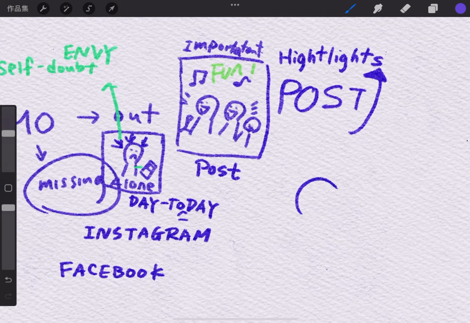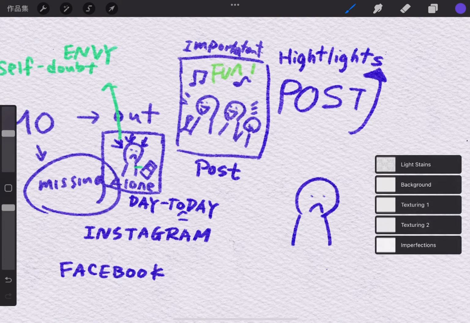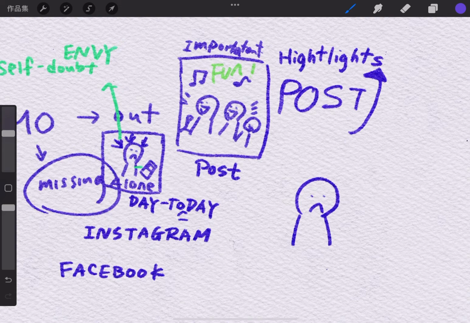And you have the self-doubt taking a toll on your self-esteem, which is not good.